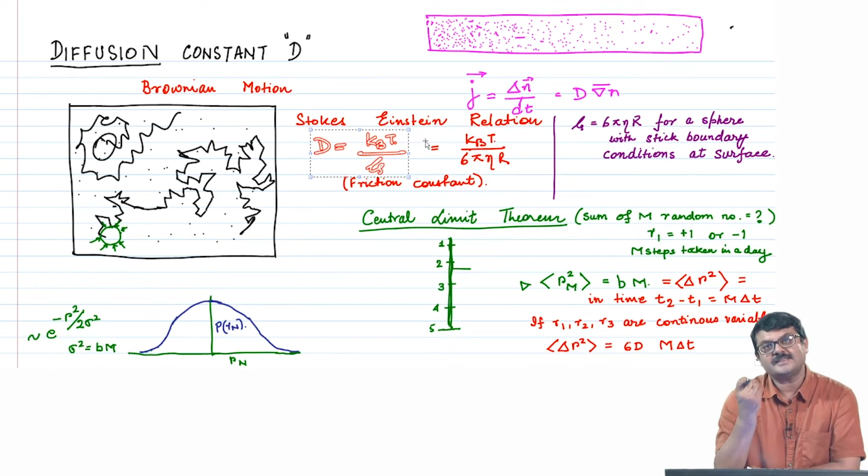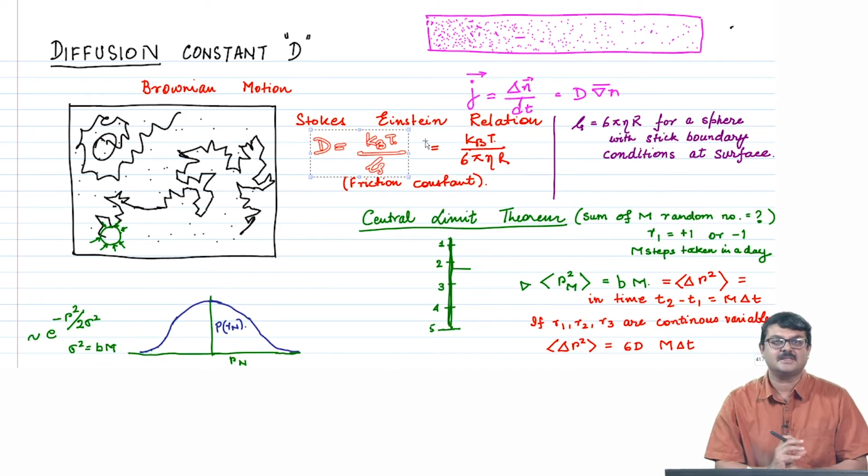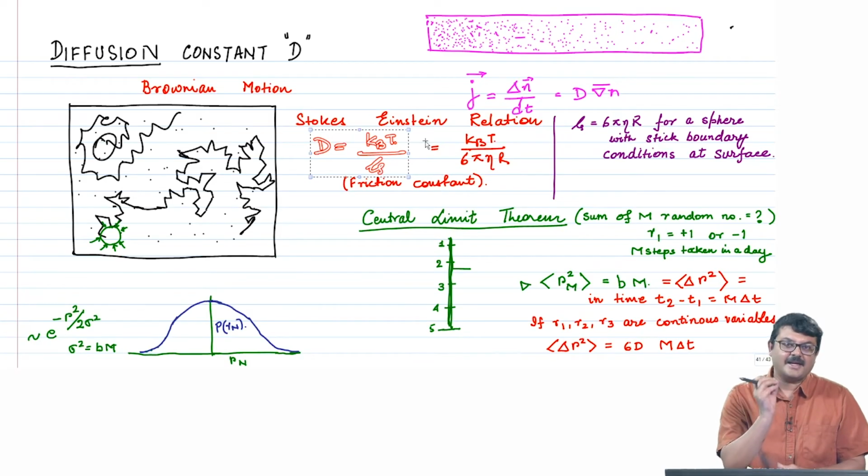Now, suppose let us start taking a smaller and smaller particle, the bigger particle which was dispersed in the fluid, let us take other particles which are smaller. As you keep taking it smaller, you can take it to the limit where it is one of those particles of the fluid.